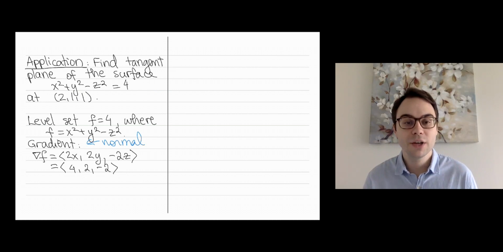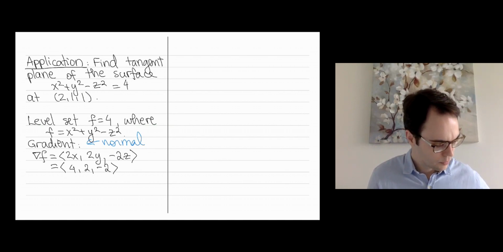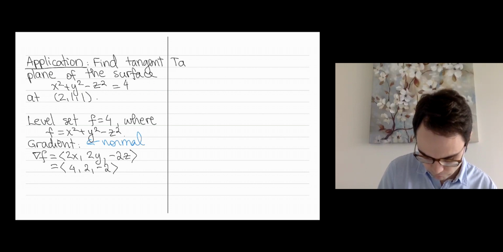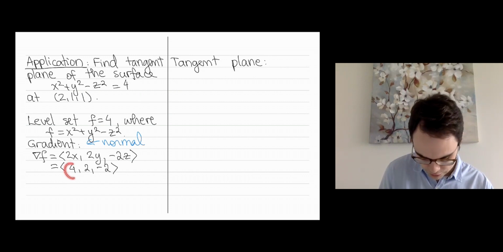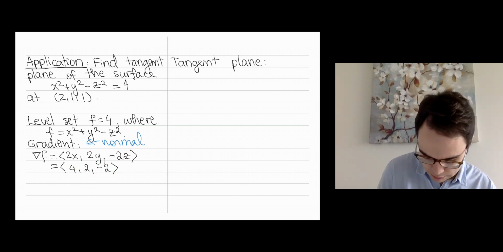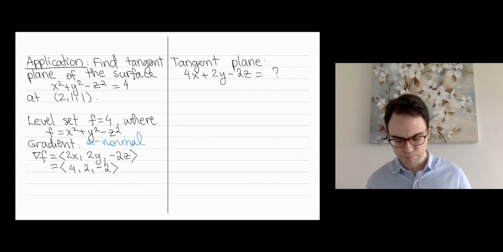Now, if I know the normal vector to the tangent plane, I know the equation of the tangent plane. In the normal vector, I can read the coefficients of the tangent plane: 4 times x plus 2 times y minus 2 times z equals something.